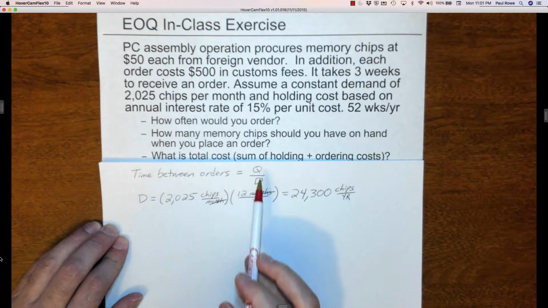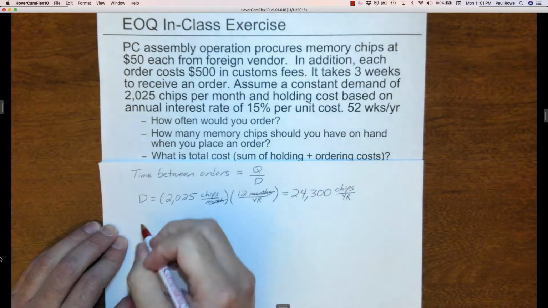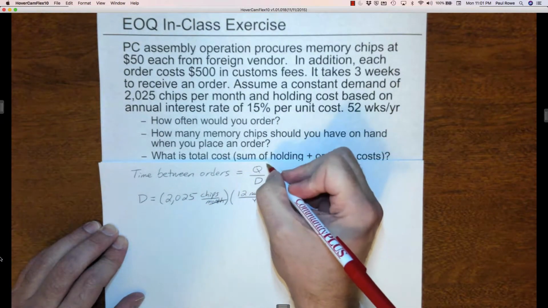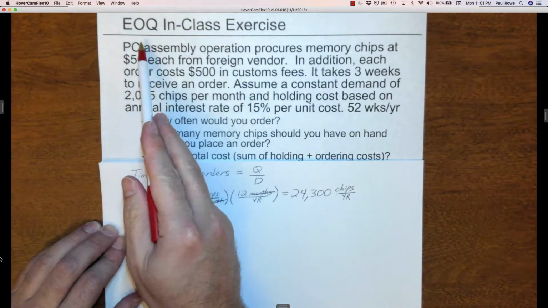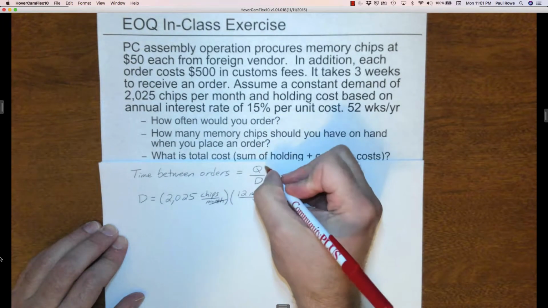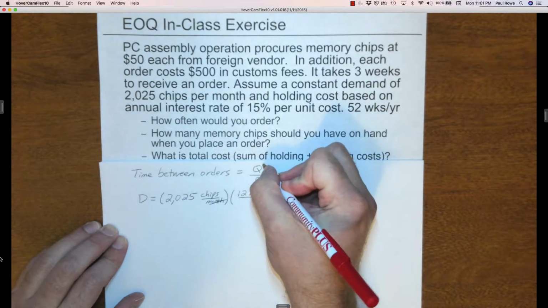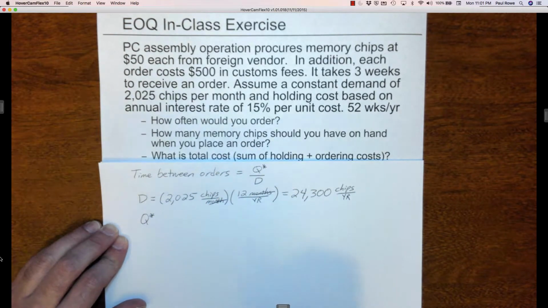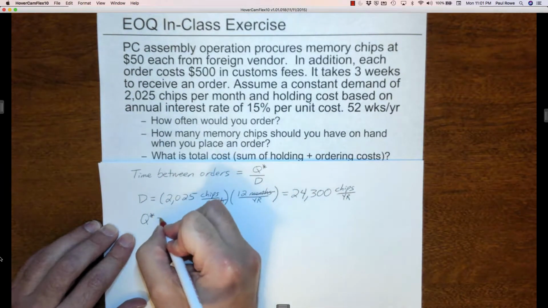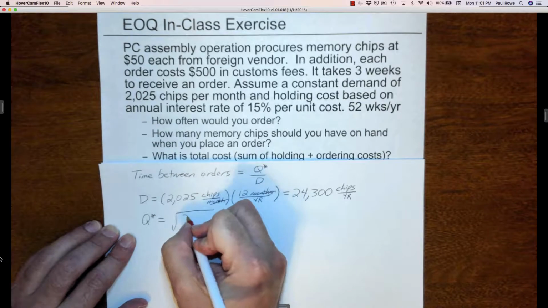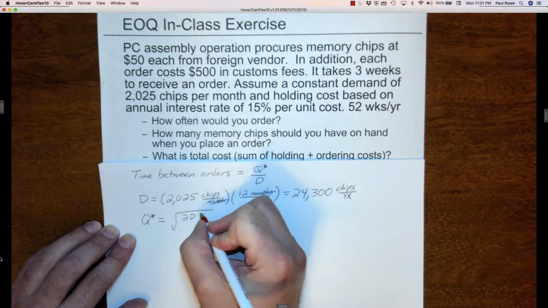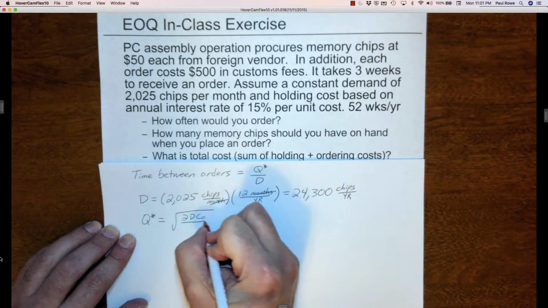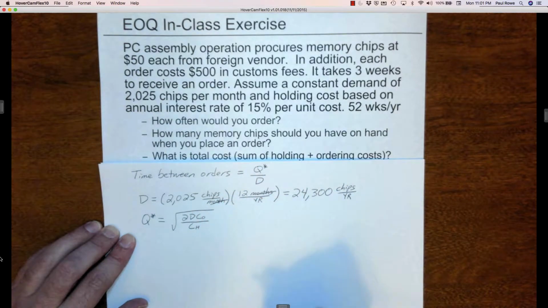So now that we have D, we can focus on Q, and specifically since this is an EOQ problem, EOQ means that we are looking for Q star. So Q star being a specific value of Q, we know that that formula is the square root of 2 times the annual demand times the ordering cost divided by the holding cost.